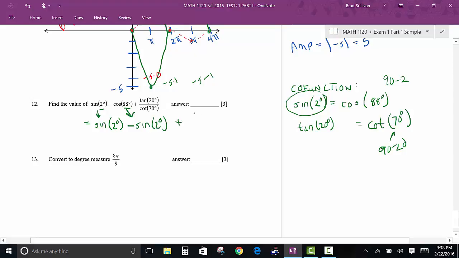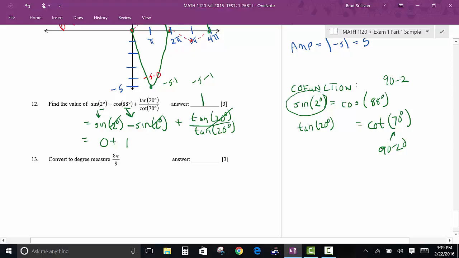Then this part of the problem, I'm going to leave the tangent alone. Okay, and I'm going to change the cotangent. The cotangent of 70 is the same as the tangent of 20 degrees. Okay, so that's how you get that thing worked out. Now what you would have is, of course, that would go to 0. This would, of course, be 1. So you have 0 plus 1 is 1. So the answer is 1.